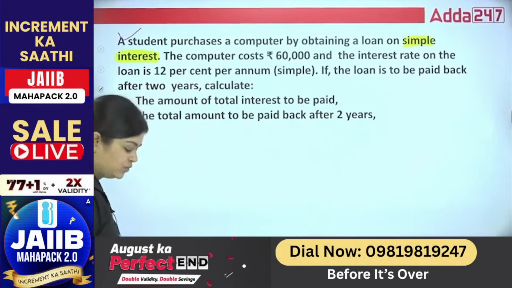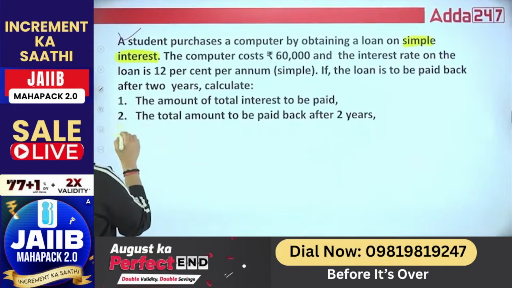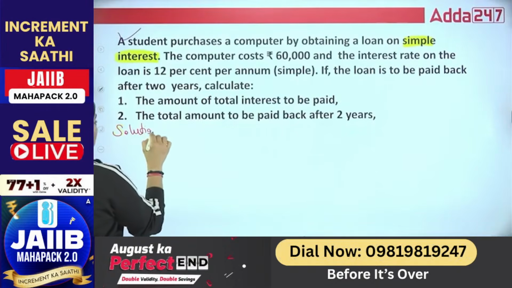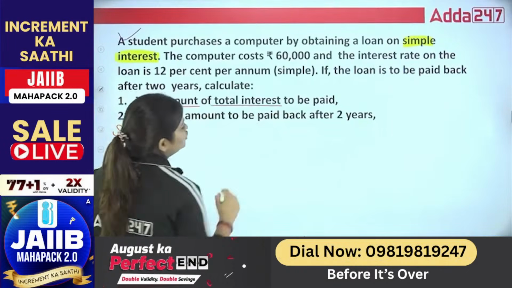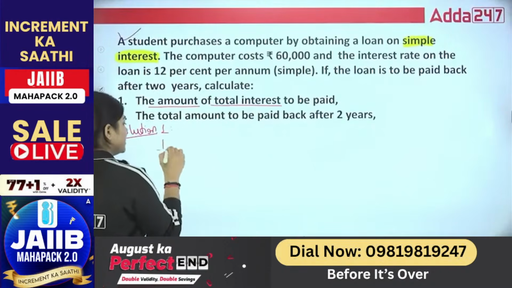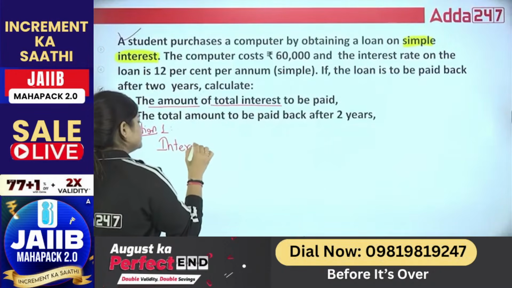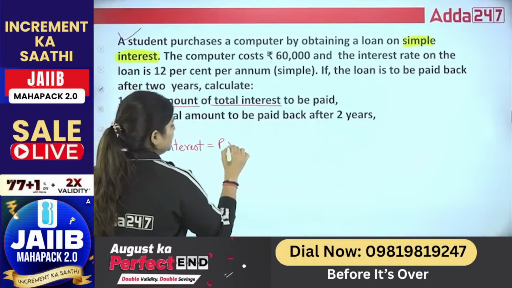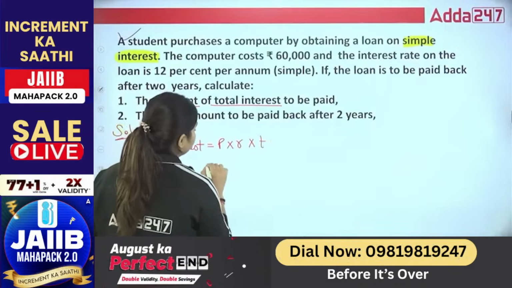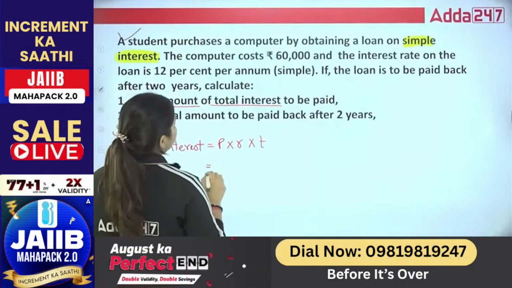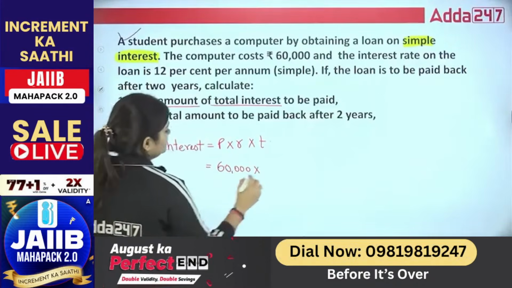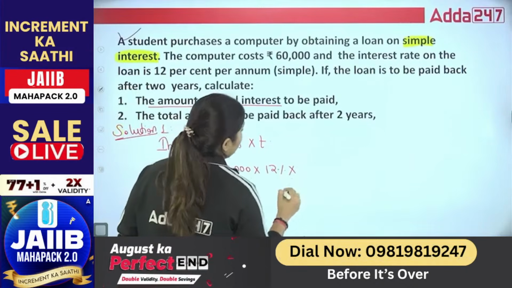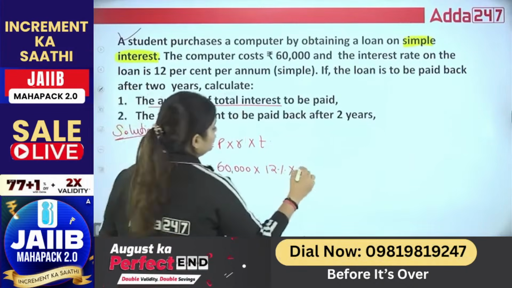First, let's calculate the first part, that is the amount of total interest to be paid. We need to calculate interest: P into R into T. Principal amount is your 60,000, rate is 12% and time period is 2 years.